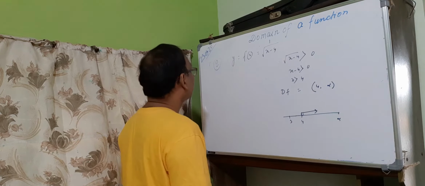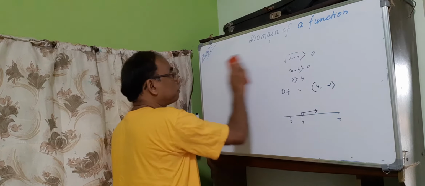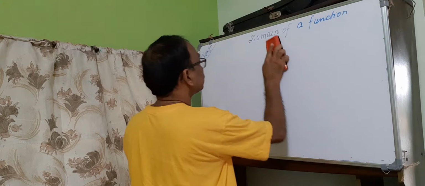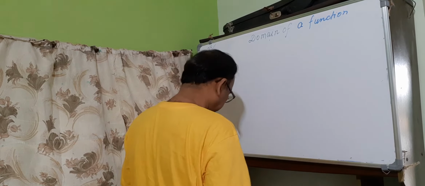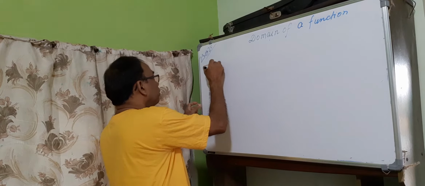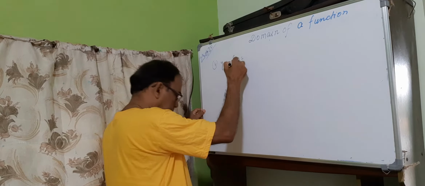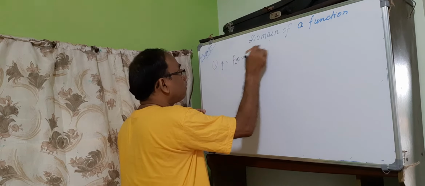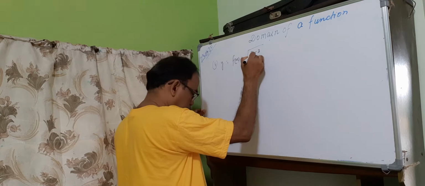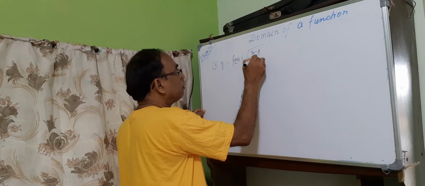Next, sum number 3, sum number 4. Sum number 4: y equals f(x) equals root over (x minus 3) over (4 minus x).